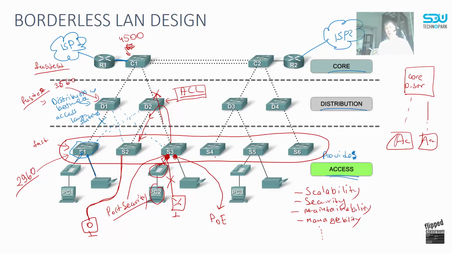It's like you distribute the different functionalities to different switches, so that your network starts to work faster, and you have this hierarchical network design which will help you to troubleshoot the network issues and configure your equipment.